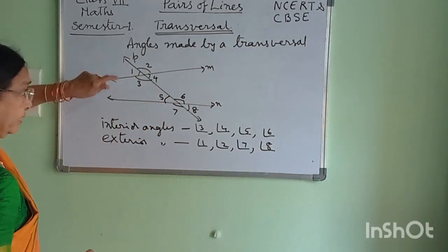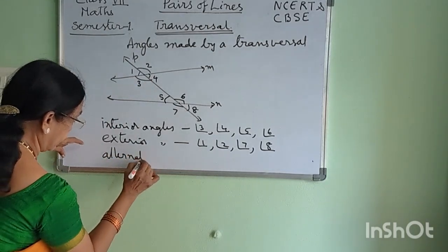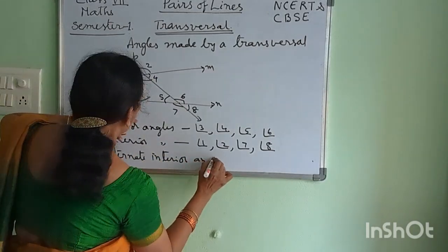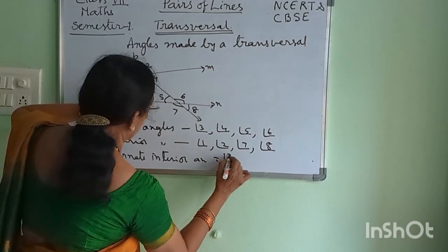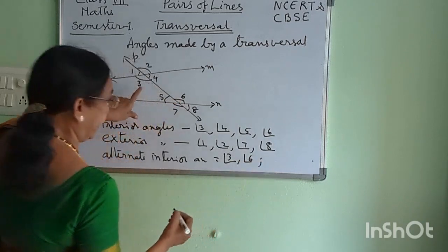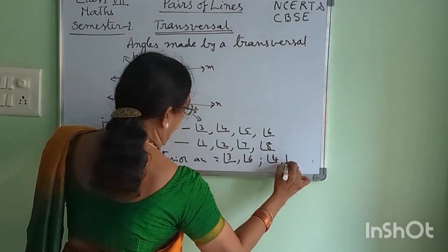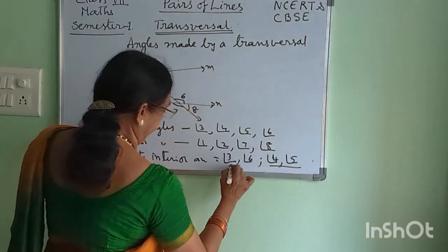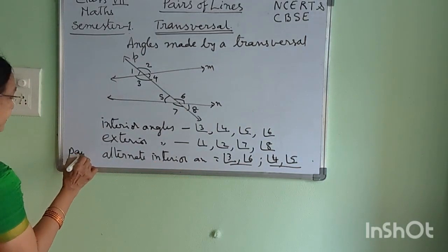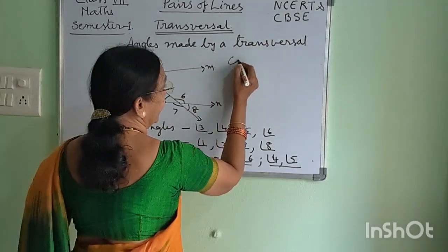Next, alternate interior angles: angle 3 and angle 6 form a pair, and angle 4 and angle 5 is another pair. These are pairs of alternate interior angles.